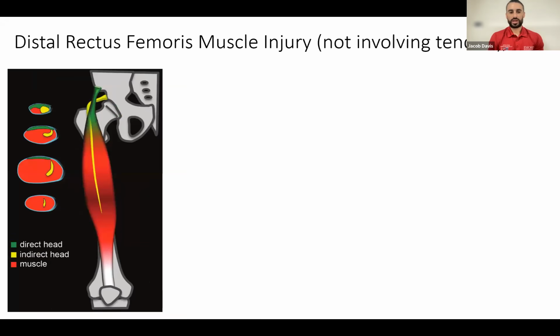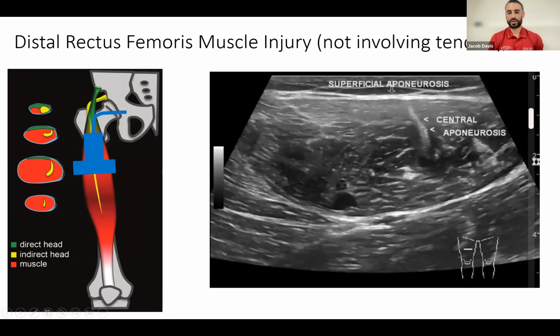And then taking a look at an injury involving the muscle belly, looking at this in a sagittal plane. Now you see an intact central aponeurosis where that indirect tendon turns into it. You have an intact superficial aponeurosis. So this is not a myotendinous injury, but more of a muscle belly injury. You see this nice size hematoma within the rectus muscle belly and diseased muscle here.